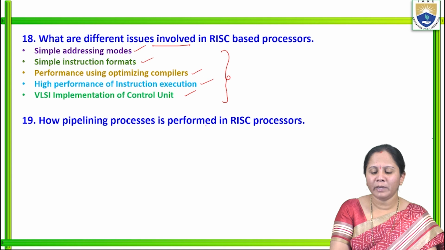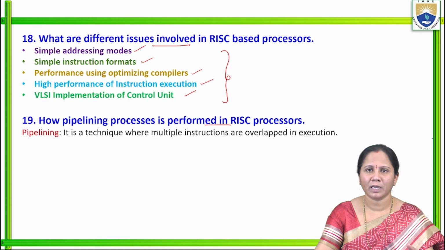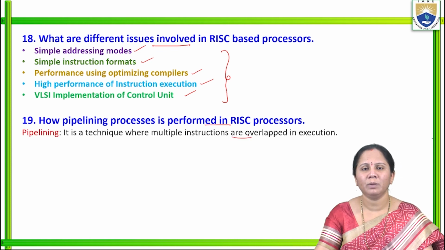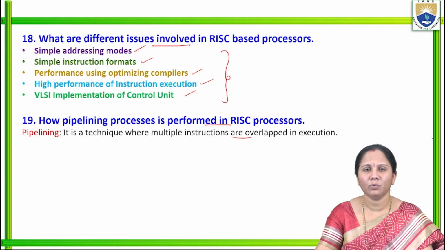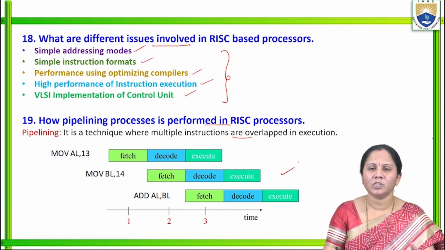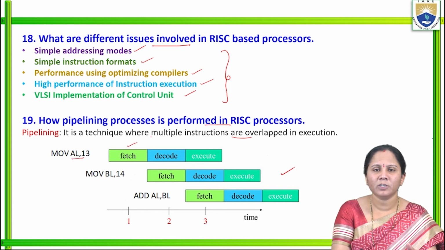And how is the pipeline process performed in the RISC processor? So this RISC processor will support the pipeline mechanism. Here pipelining means multiple instructions will be executed in an overlapping manner. And this is the representation to show how the pipelining process will happen. Here you can see when the first instruction is fetched, in the next cycle it will be decoded.